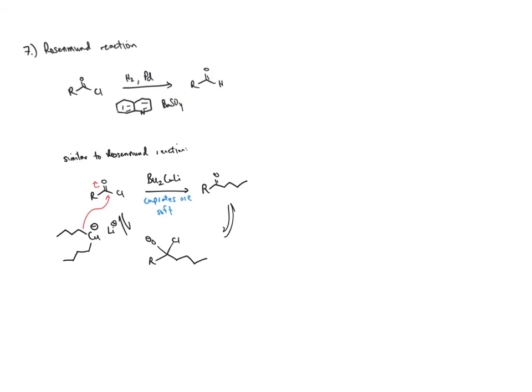Upon workup, you get collapse with loss of the leaving group to give you the ketone. The cuprate is a little bit less reactive than an organolithium or a Grignard reagent, so it's more selective. Less reactive, and more selective. This is an example of a cuprate reaction.